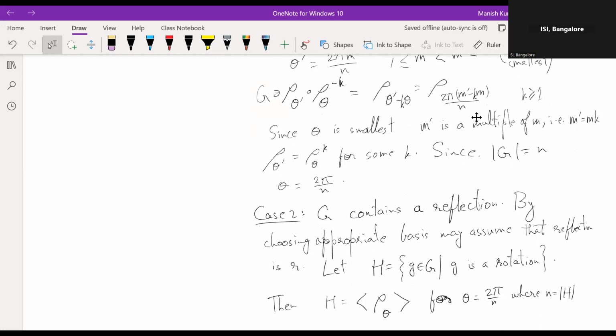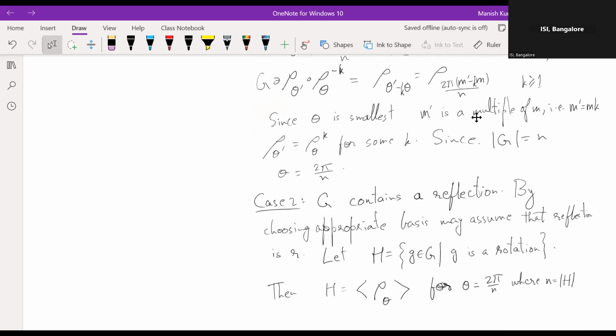But before that, G contains a reflection along some line L. So suppose G contains a reflection about a line L. By changing the basis of the plane, we can assume that R is a reflection about the x1 axis.